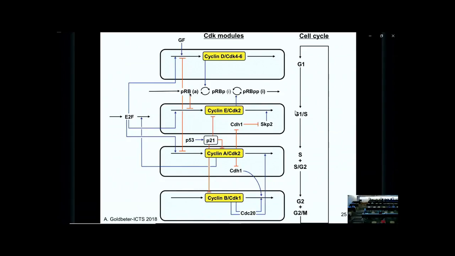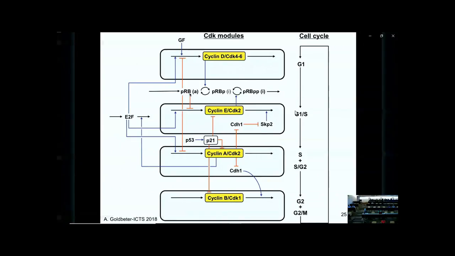So this brings down the activation of the last 2 modules. By the way, the last module is the module I discussed in the model for the embryonic cell cycle, which was based on CDK1 activation of X, the protease. And the protease is called CDC20 here.